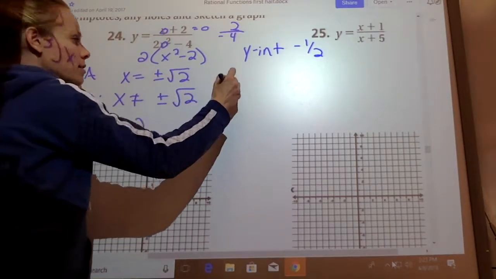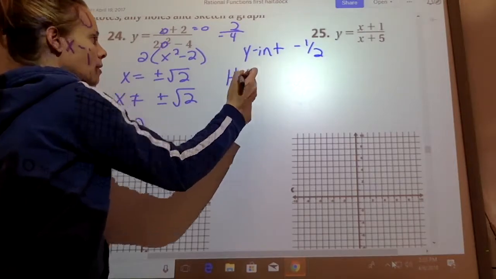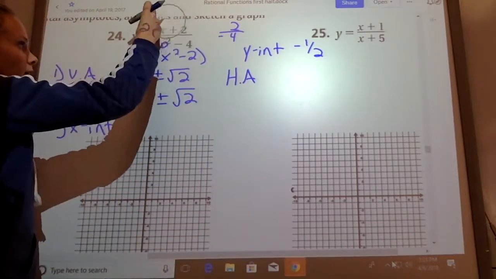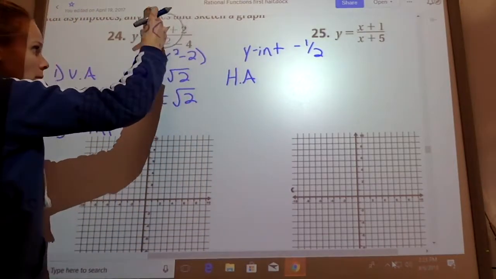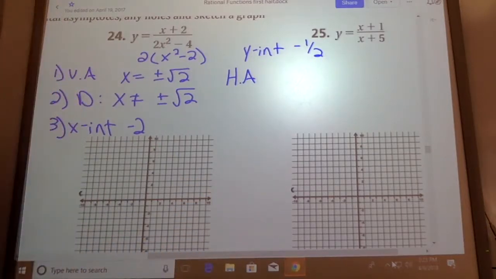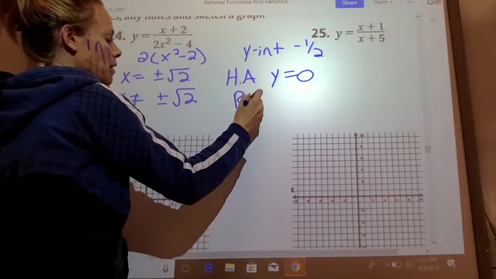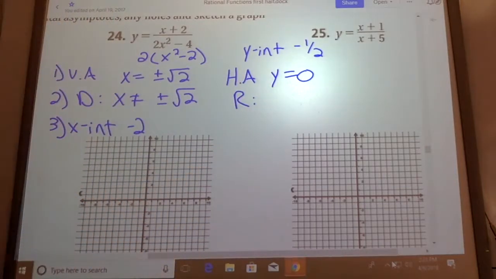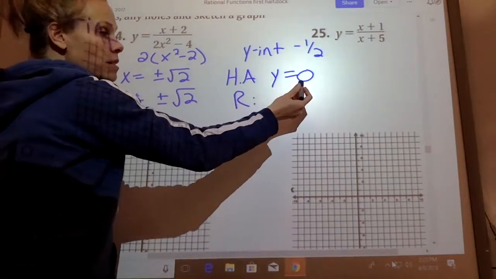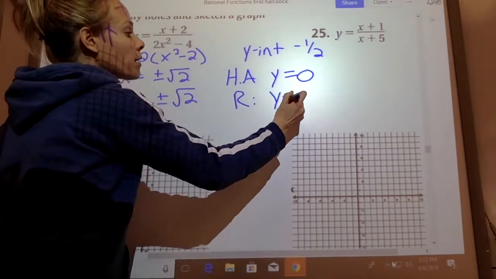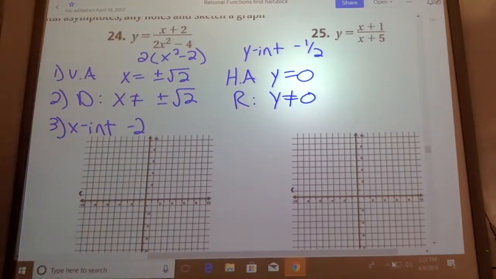And then my horizontal asymptote is what? Is it bigger on top or bigger on bottom or the same? The bottom is bigger, so 0. And then range, if my horizontal asymptote is 0, then y cannot be 0.